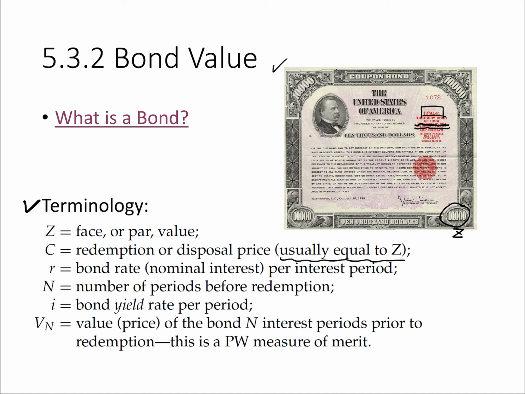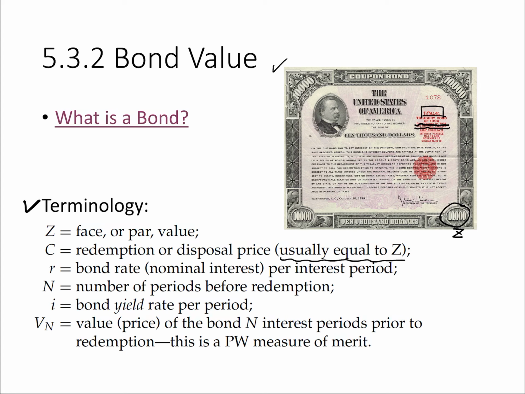And another term is C, redemption or disposal price. Usually it equals Z. Okay, so the redemption is, the company or the country who issued this bond will say, okay, after the bond is retired, maybe it's 20 years, after 20 years, I will pay a lump sum back to you, a single amount.